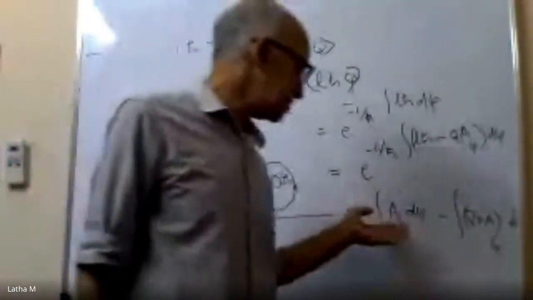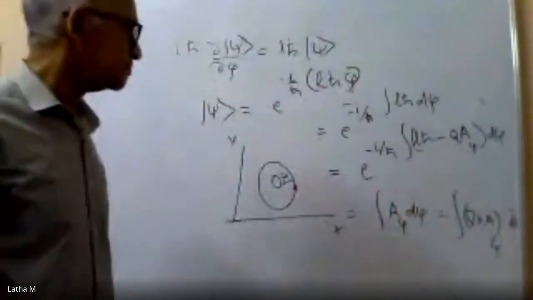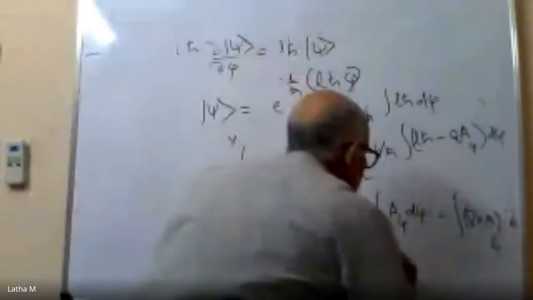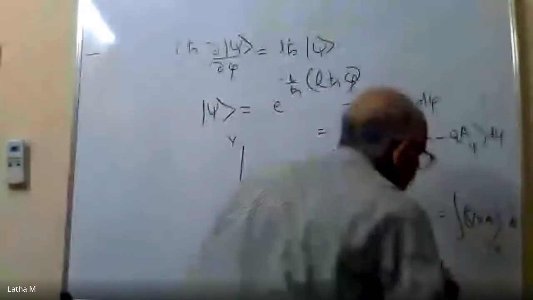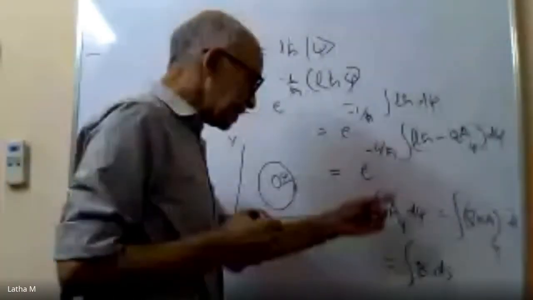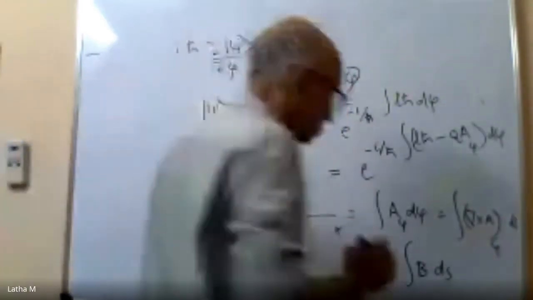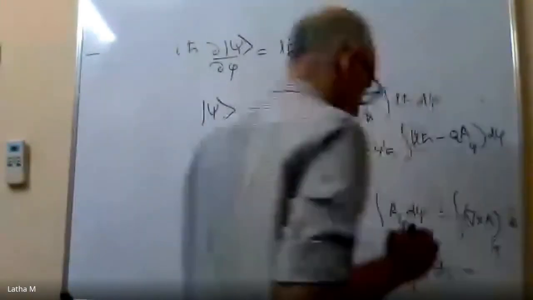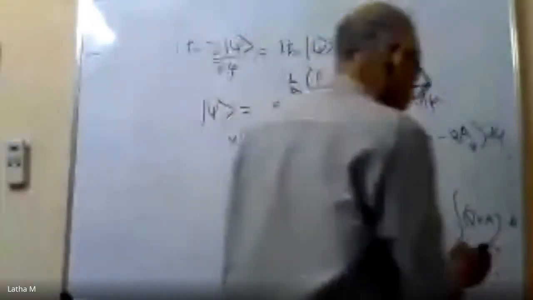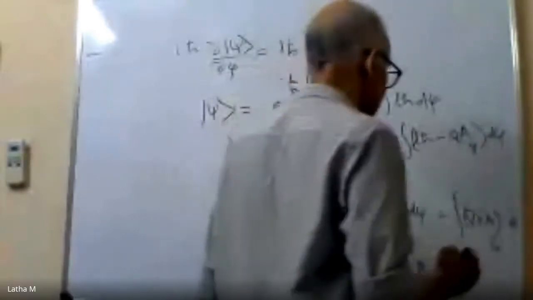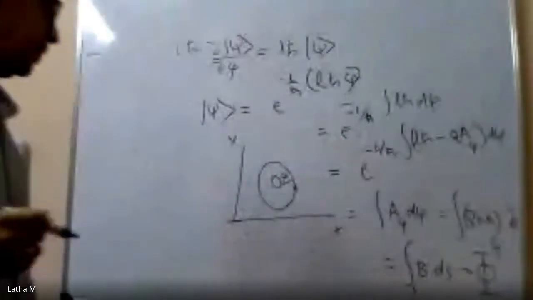This line integral is converted into a surface integral. If you consider a full circle around the solenoid, this is equal to the flux through the solenoid.